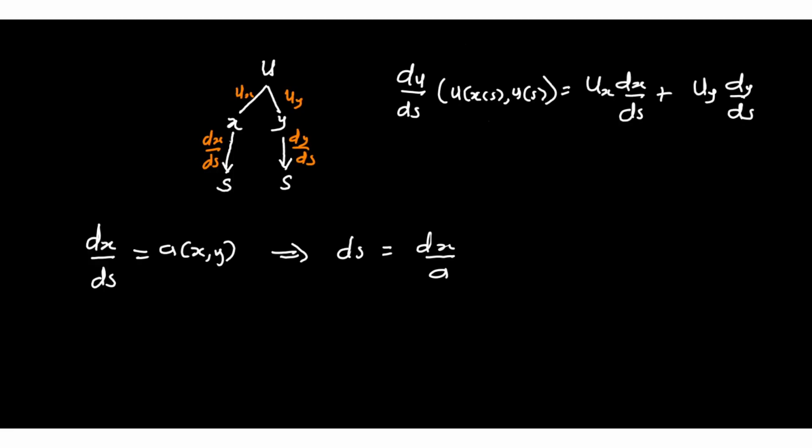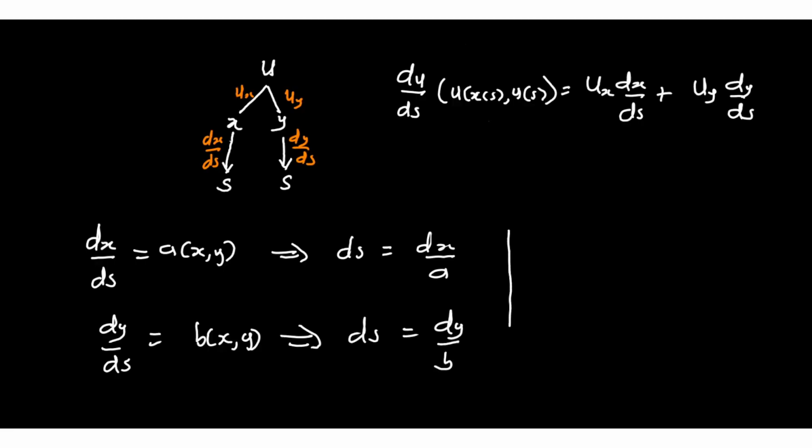In that case, you have the coefficient dy/ds equal to b(x,y), and that implies that if I make ds the subject, I have ds equal to dy over b. Then clearly we do the last one for u.